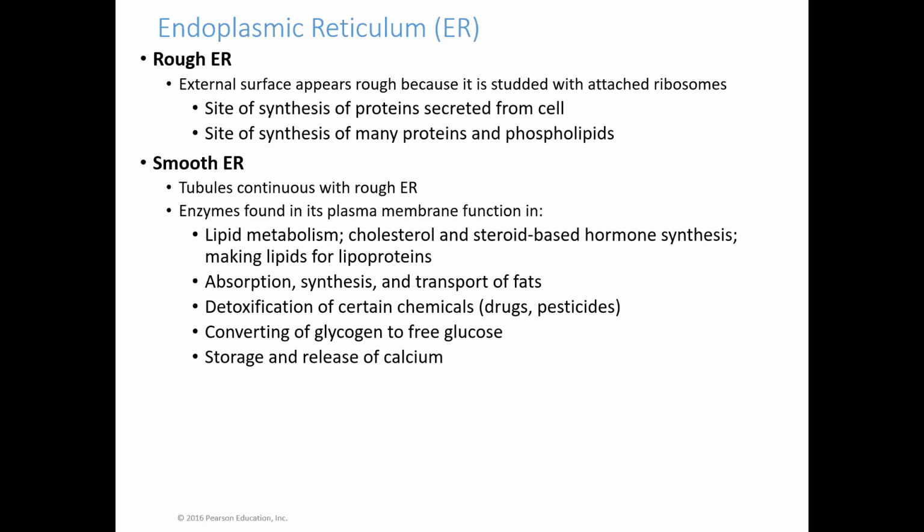And all that calcium that we need to have muscle contractions, our muscle cells have smooth endoplasmic reticulum wrapped around each cell, packed full of calcium. And when we want to contract that muscle, we will release that calcium to flood those muscle cells, and the muscle cell will contract. So we store the calcium in the smooth ER for us.